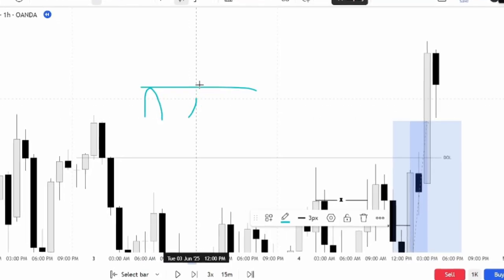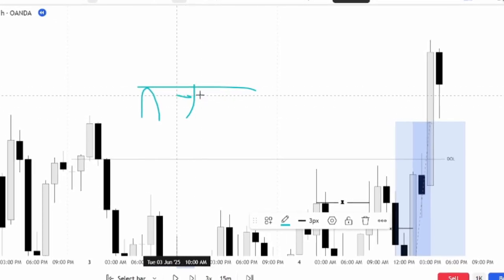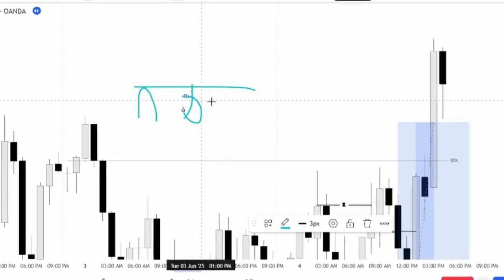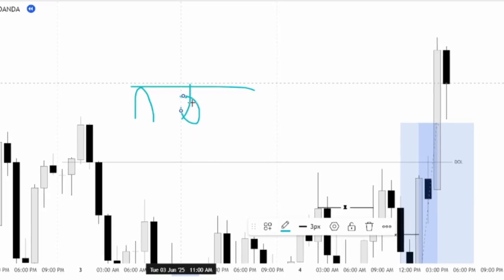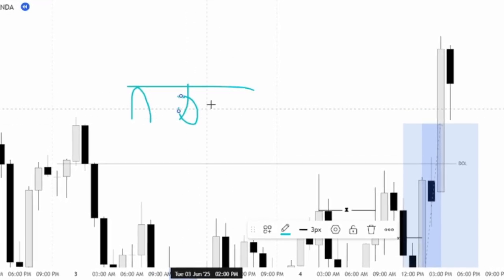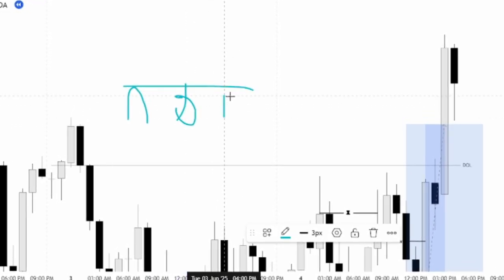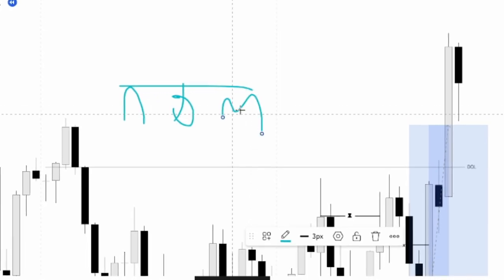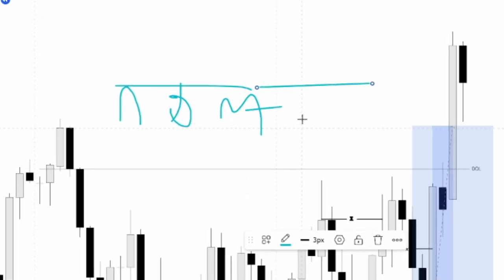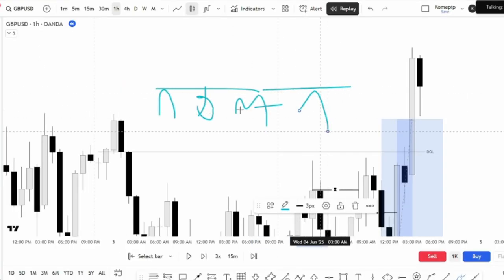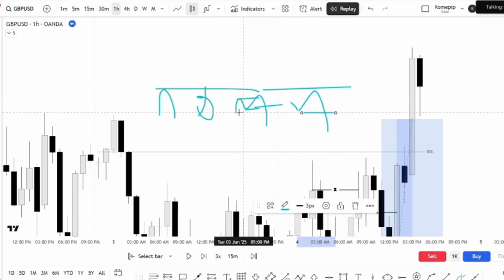Then you want to see your rejection here. After the rejection, what we want to see inside this rejection is a break of structure. So we want to see market break structure like this, or like this. All the same thing, right? Just a break of structure.